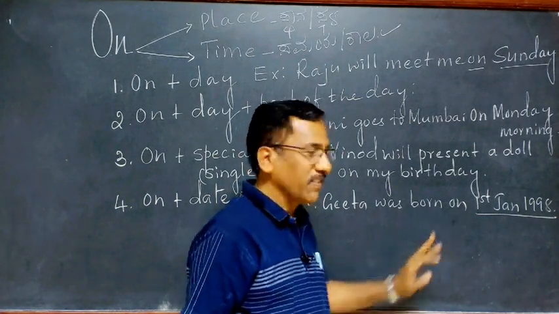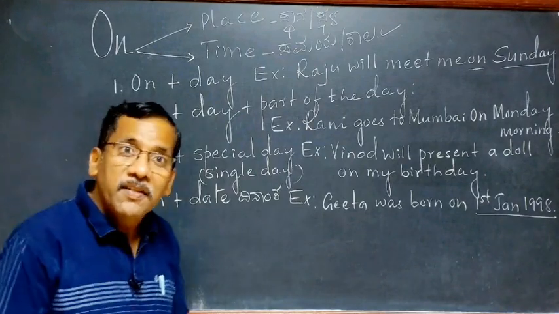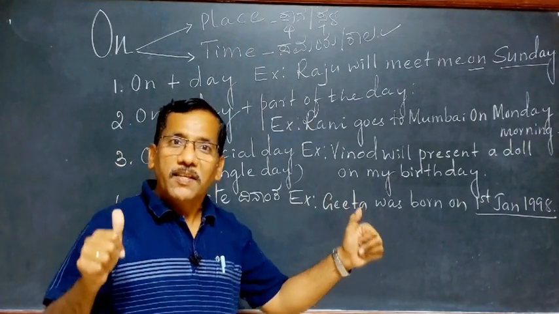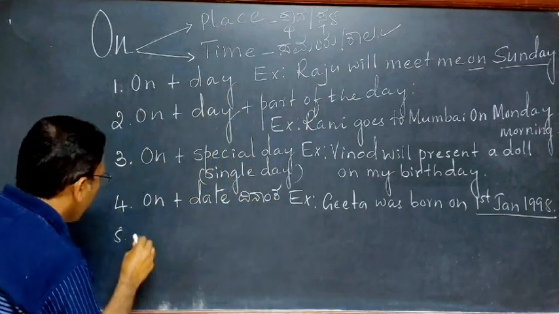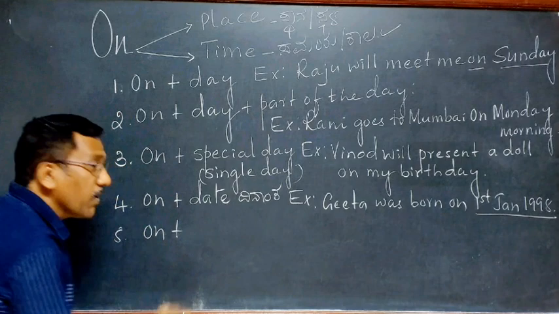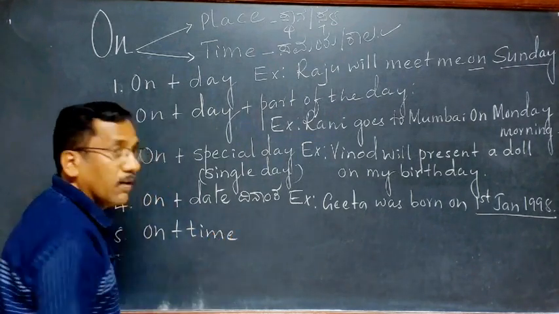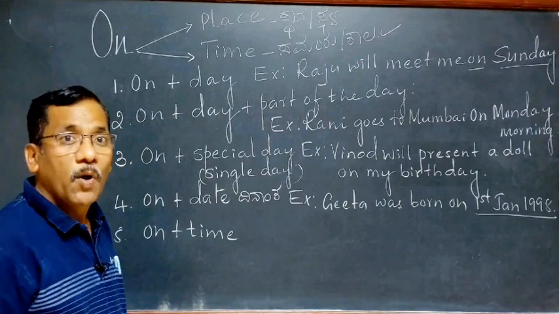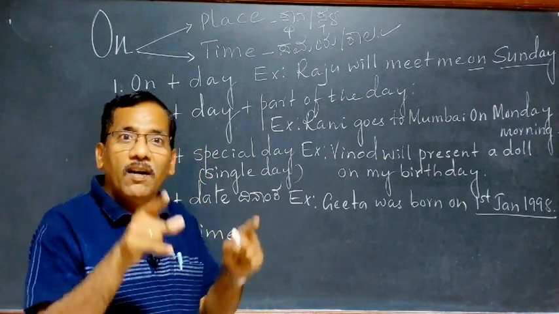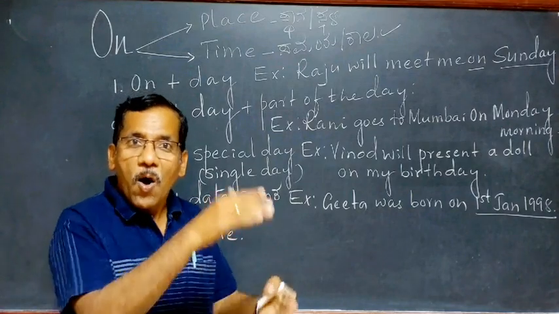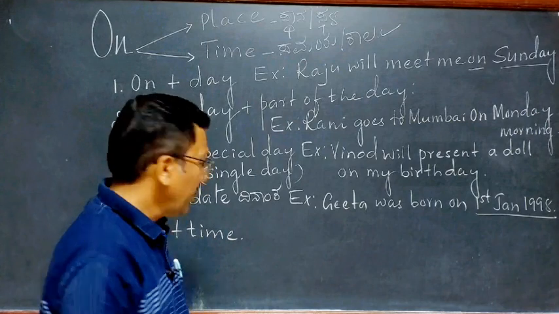Hope it's clear. Okay. Then you know that sometimes we use on before time. Directly the word time will come. How? On time. On time means right time. On time means scheduled time. Got it? Yes.